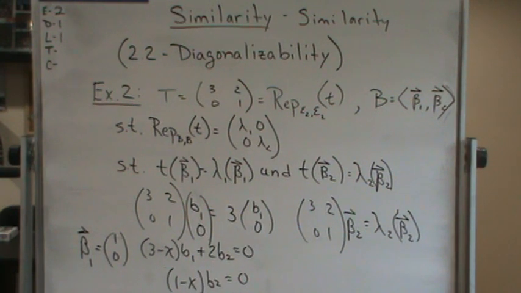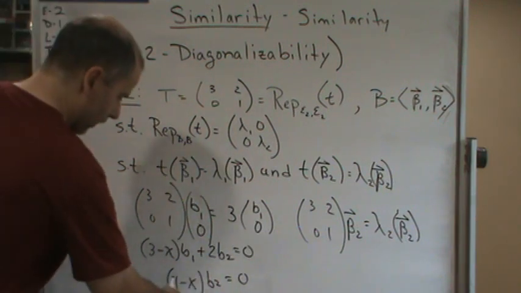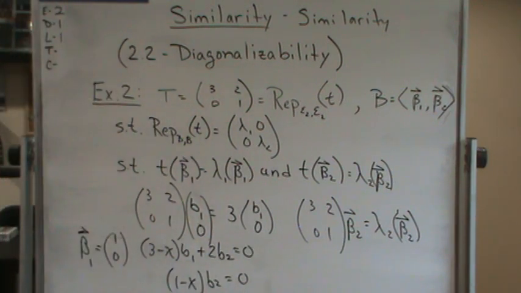Now the other case for the bottom equation, so again going back to here, the other case for the bottom equation is to have lambda 2 equal to 1.